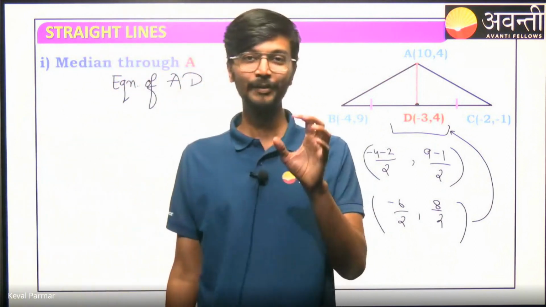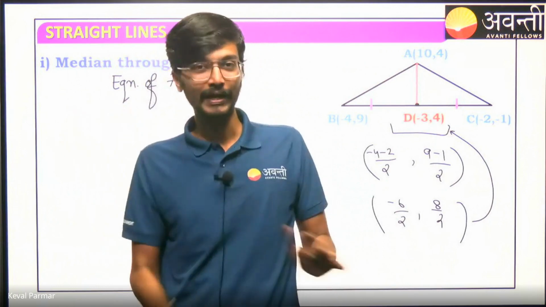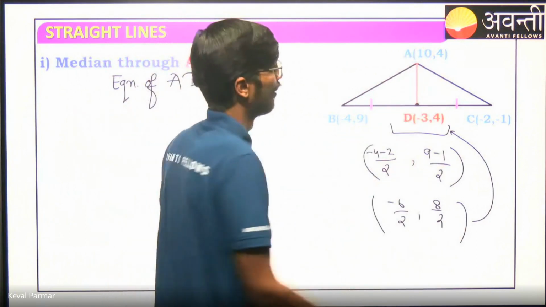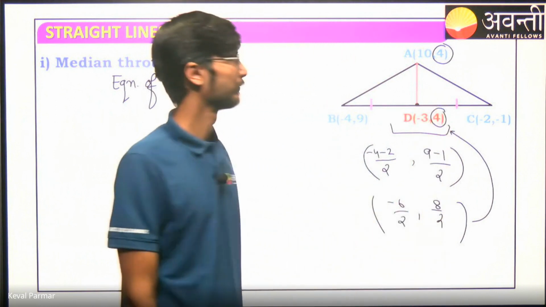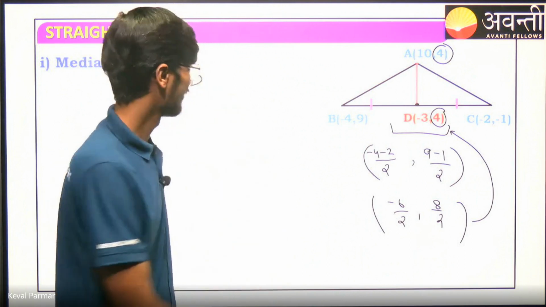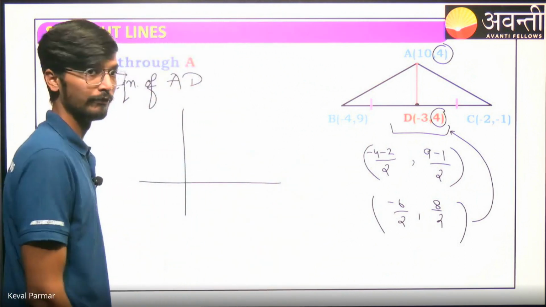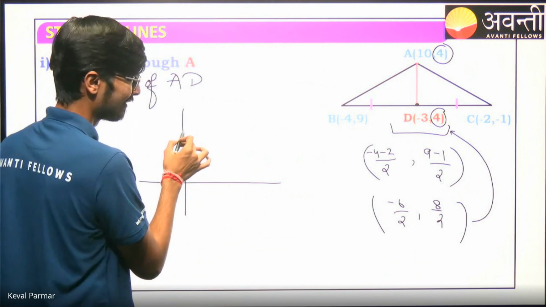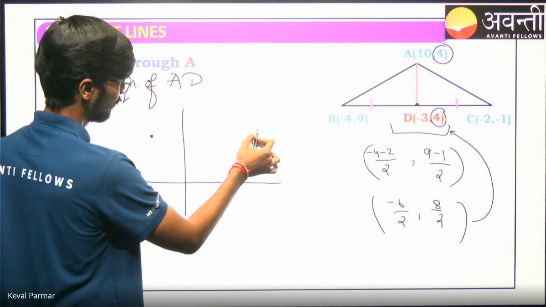Let me tell you one thing: we can directly get y equals 4. Why? Because you can see the y coordinate is the same here. What is the y coordinate? It is 4. So let's say minus 3 comma 4 is here and 10 comma 4 is here.